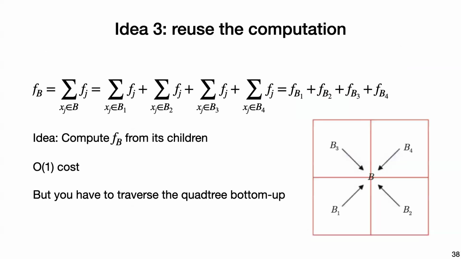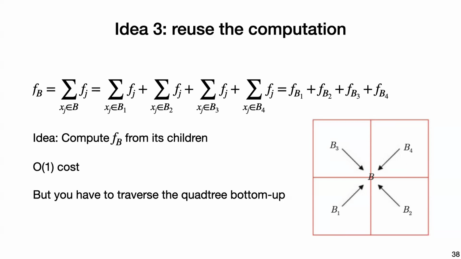The way to do that, like we talked about, is to reuse the computation. From the bottom-up traversal, f sub b is just the sum of all the children. If b is this bounding box, and it has b1, b2, b3, b4 quadrants, then the total mass in b is just summing up the total mass of b1, b2, b3, b4.